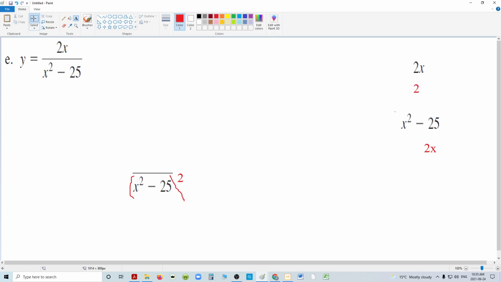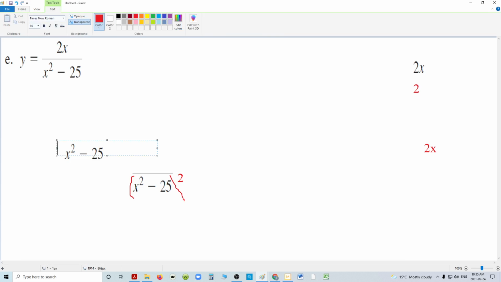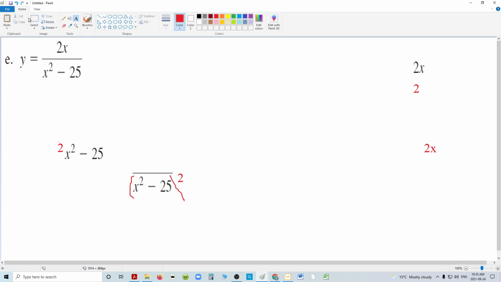You have to take the first derivative and multiply the denominator and multiply it by the first derivative, which is 2, right? Oops, yeah. So you're going to get 2x squared minus 50.